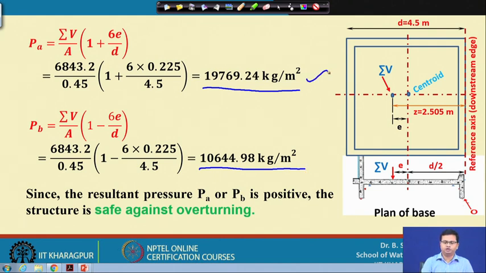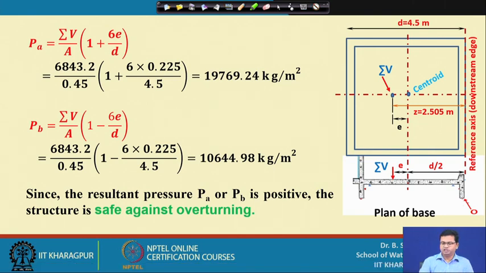All these values are positive. Since these values are positive, pressure P A and P B are both positive. So, the structure is safe against overturning, and all these vertical forces are acting here. If the overturning forces are acting here, they are not able to overturn this structure. So, this is the condition for our structure to be safe against overturning.